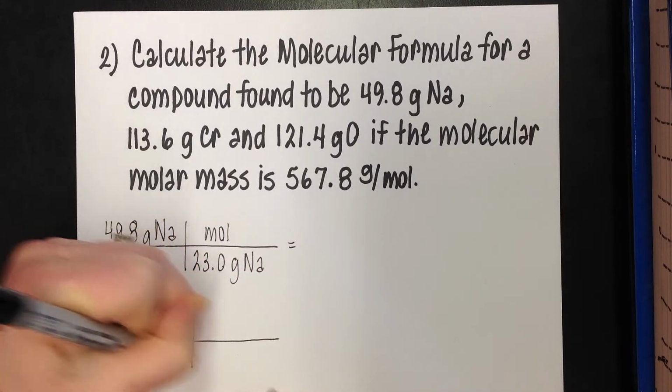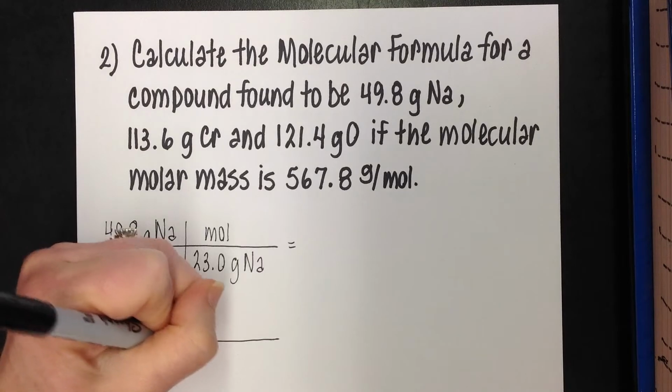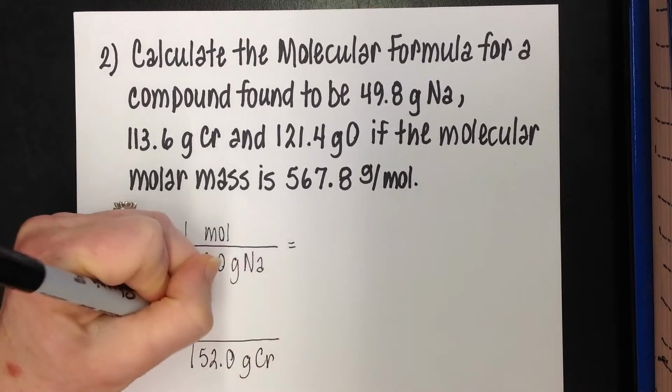And I'm pretty sure chromium's 52, but I'm going to double check it because I haven't used that one in a while. Yep. And it says like 51.99 on the periodic table. It's universally acceptable, especially for this level chemistry. Just use 52, so that's usually what you see us using. 52 grams of chromium per mole.